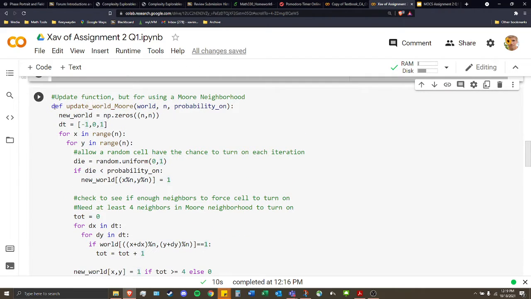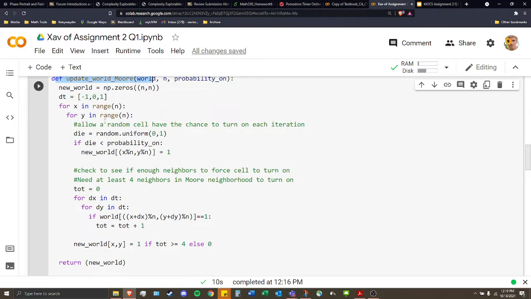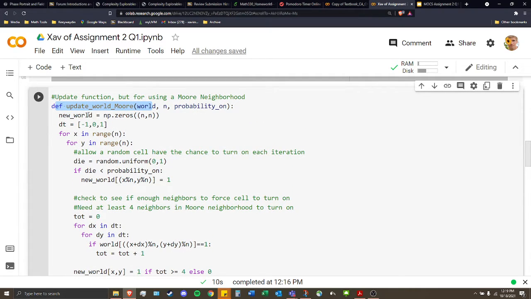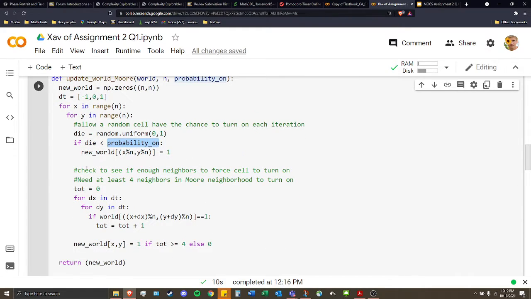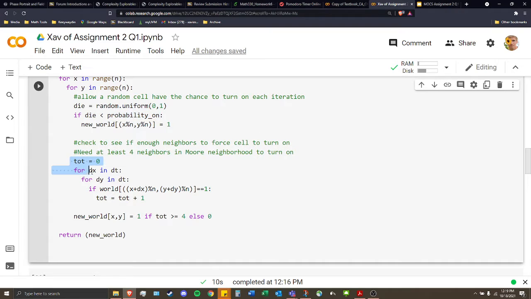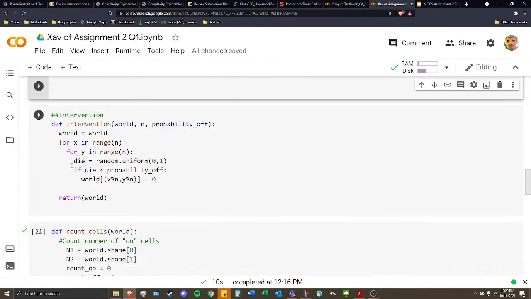We have our update world function, which is how we're changing from state to state. We're randomly deciding to turn someone onto drugs based off some random probability titled probability on. And down here is the rule that we implemented, where we check all around the cell that we're at, and if they have 4 or more friends that are onto drugs, symbolized by ones, they will also turn off of drugs.